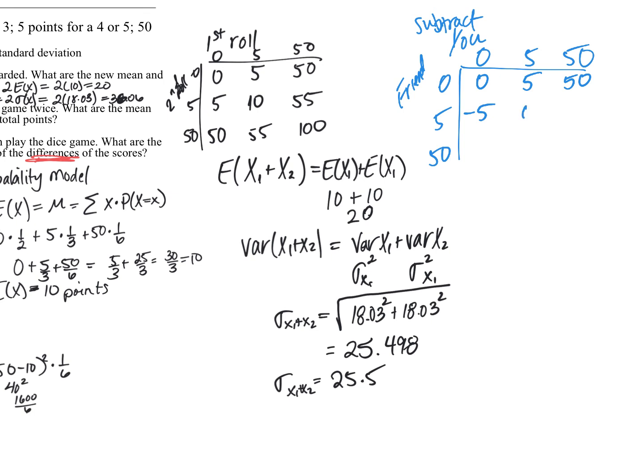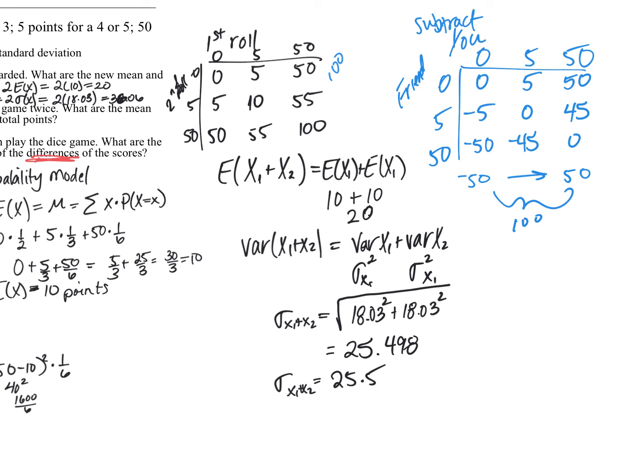And then 5 minus 5 is 0, and 50 minus 5 is 45. And then 0 minus 50 is negative 50, and 5 minus 50 is negative 45, and 50 minus 50 is 0 again. But if we look at the lowest number, negative 50, all the way to positive 50, that still is a range of 100. We had a range of 100 over there when we added it.